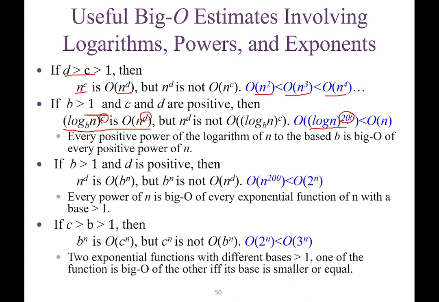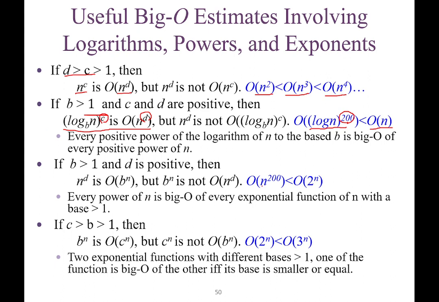You can see 100 is a very large number, but the order is still less than big O of n. So this is how we distinguish between logarithm functions and polynomial functions, even though they have different powers c, d for this log function and polynomial function.